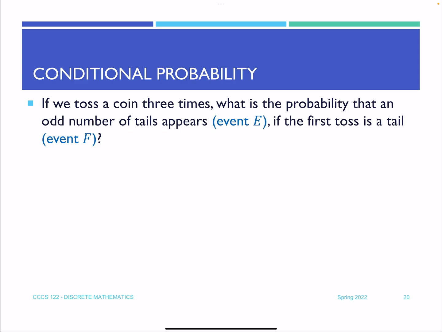What is the probability that an odd number of tails appears if the first toss is a tail already? So we kind of have two events here. An odd number of tails appears, and then we have a condition, something that's already happened: the first toss is a tail.